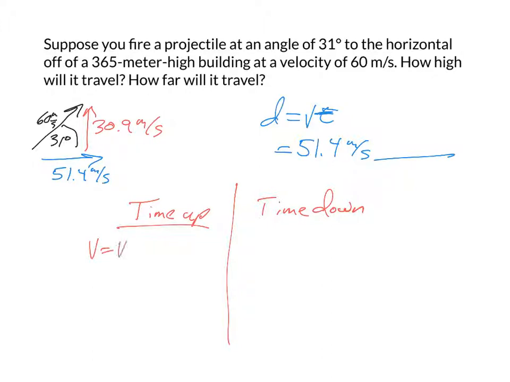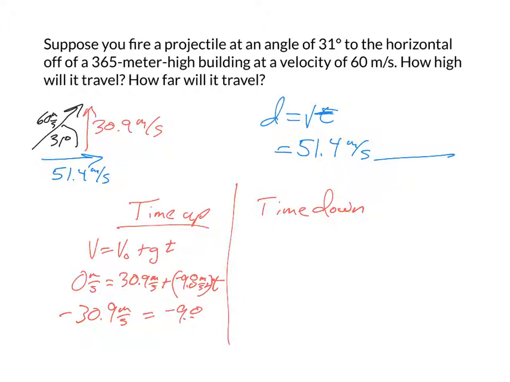So v equals vi plus gt. My final velocity is 0 because I'm just going to the top of the path. My initial velocity is 30.9 meters per second plus a negative 9.8 meters per second squared times time. I subtract 30.9 from both sides and divide by negative 9.8.